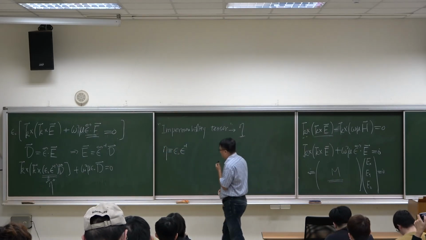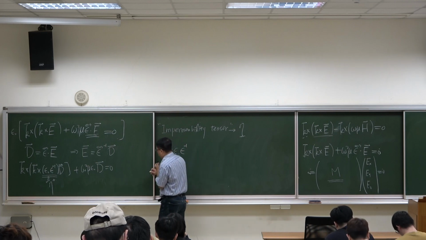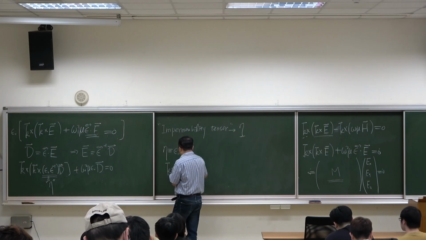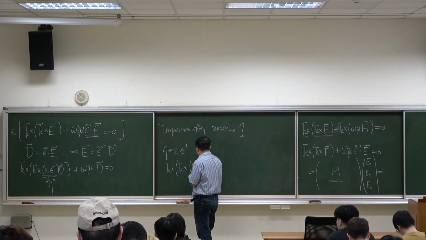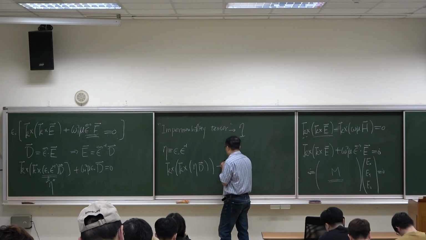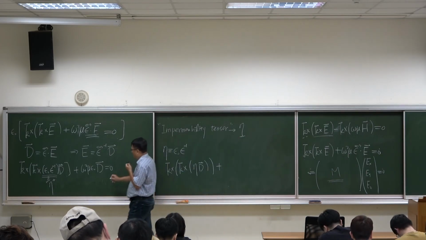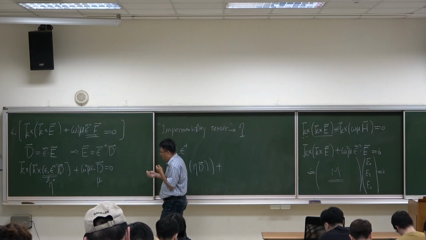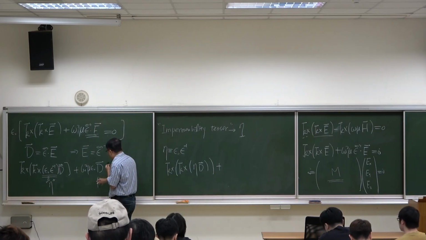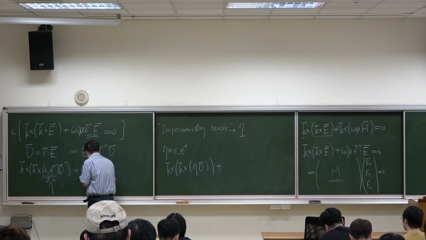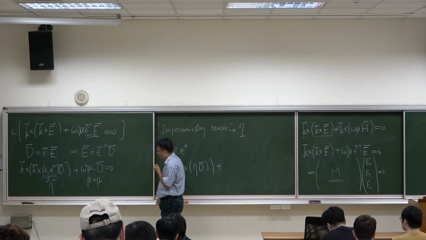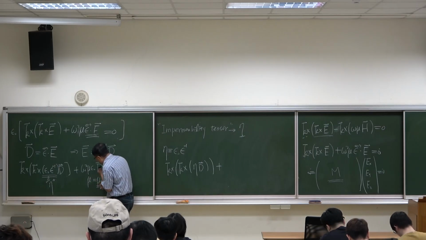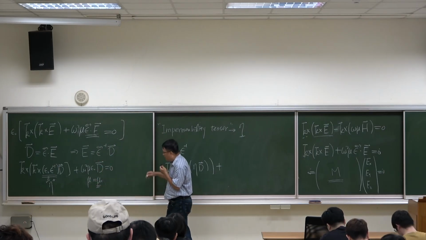So we can write the equation as K cross eta D plus, since we encounter a non-magnetic material, mu can be approximated by mu 0, the permeability in the vacuum.